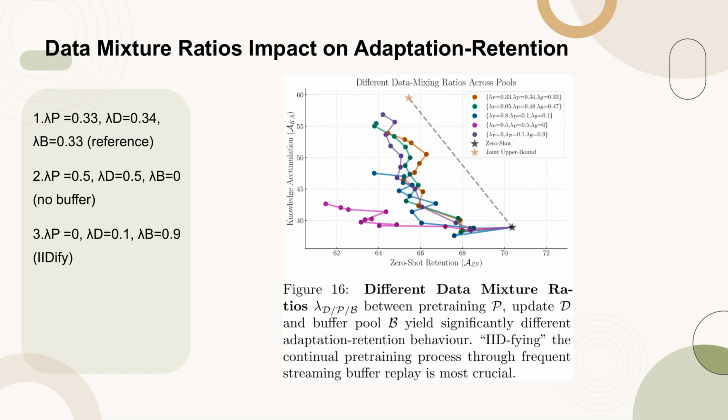Figure 16 illustrates how different data mixture ratios between pre-training and buffer pools significantly affect adaptation and retention behaviors in continual pre-training. The reference ratio, lambda p equals 0.33, lambda d equals 0.34, lambda b equals 0.33, is compared against scenarios without a buffer, lambda p equals 0.5, lambda d equals 0.5, lambda b equals 0, and an alternative approach, lambda p equals 0, lambda d equals 0.1, lambda b equals 0.9.